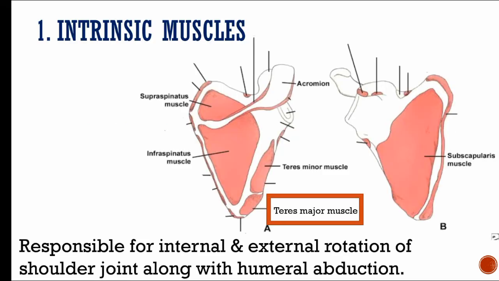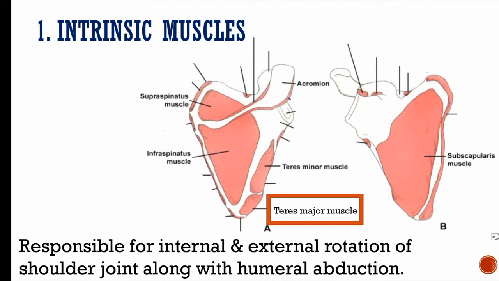First one, intrinsic muscles. Intrinsic muscles are responsible for internal and external rotation of the shoulder joint along with humeral abduction. There are mainly muscle groups such as supraspinatus, infraspinatus, teres minor and subscapularis muscles. These are the intrinsic muscle groups.